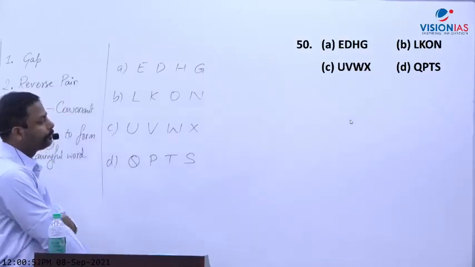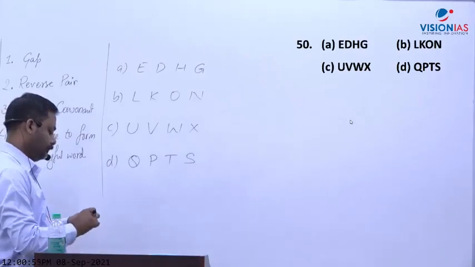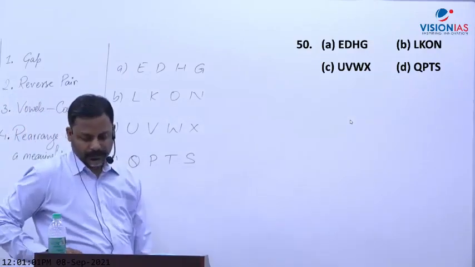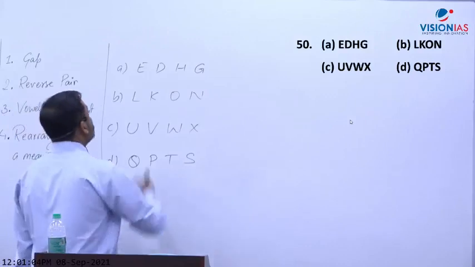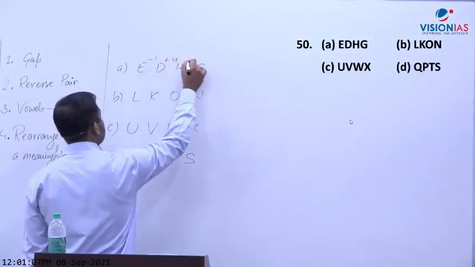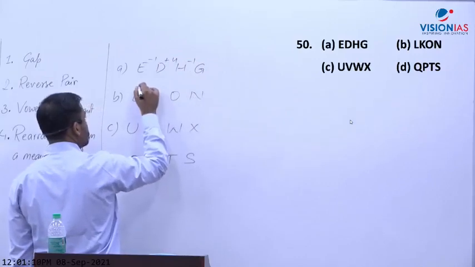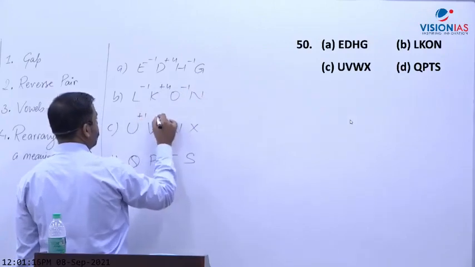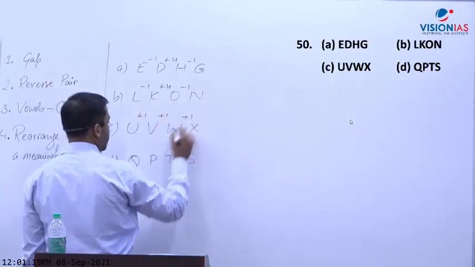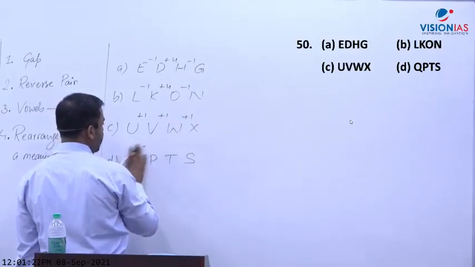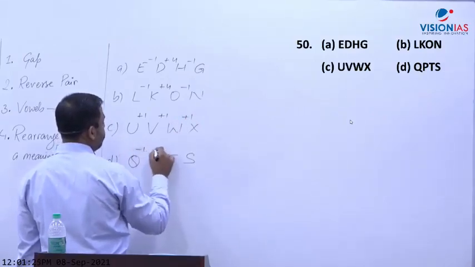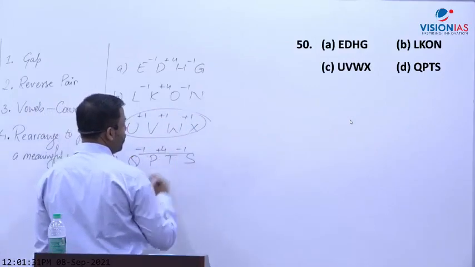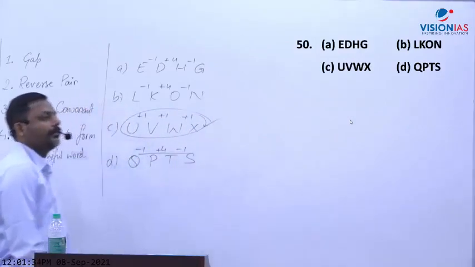Now here also by applying the same logic, that is the difference, E minus 1 is D, D plus 4 is H, H minus 1 is G. L minus 1 is K, K plus 4 is O, O minus 1 is N. U plus 1 is V, V plus 1 is W and W plus 1 is X. Q minus 1 is P, P plus 4 is T and T minus 1 is S. So in the rest of the options, the combination is minus 1 plus 4 minus 1, but here it is plus 1 plus 1 plus 1.